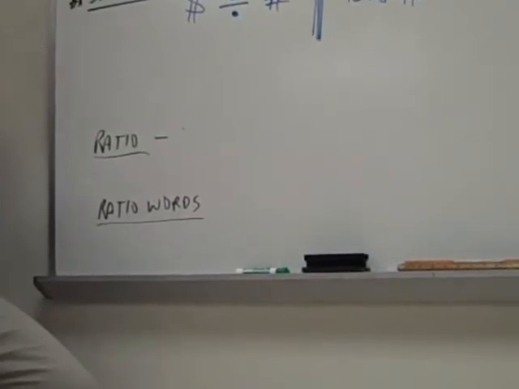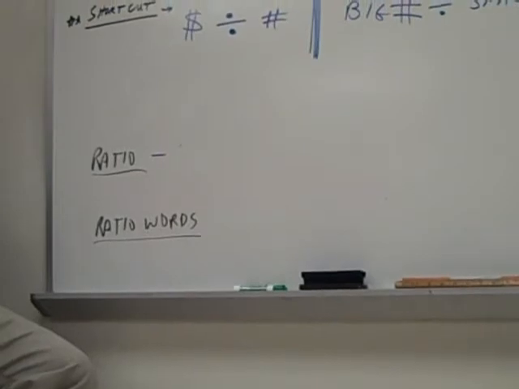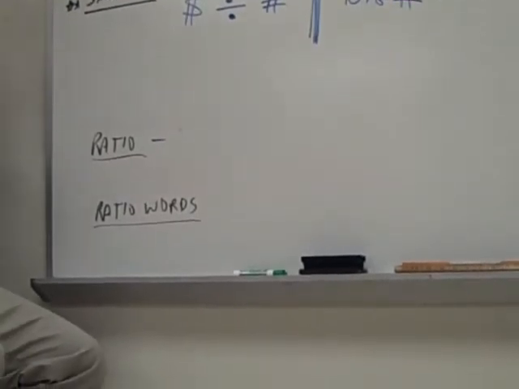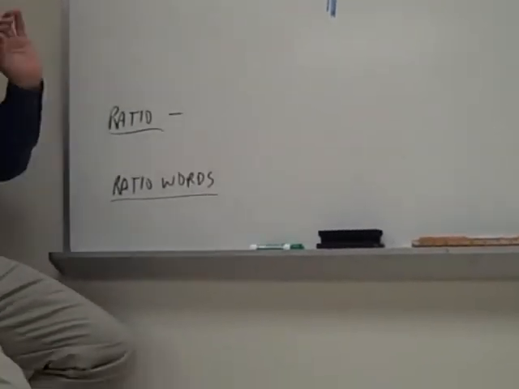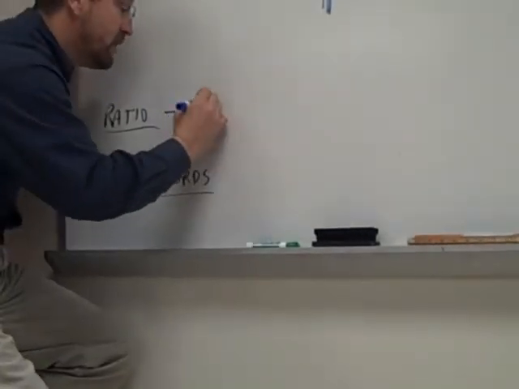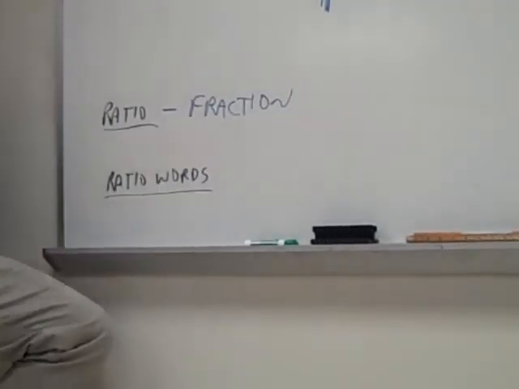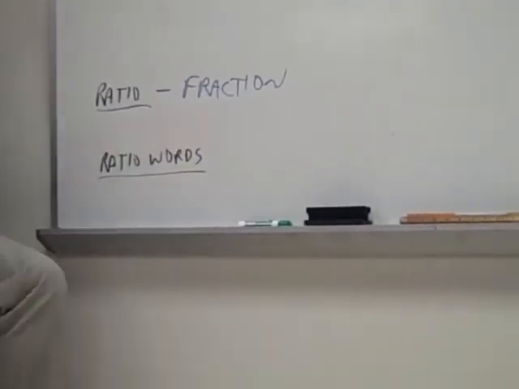There is a ratio table, but we're not going to do tables because I think they're hard. I think it's easier doing it a different way. Ratios are comparisons, but what are they? A ratio is a fancy word for fraction. We make a fraction.